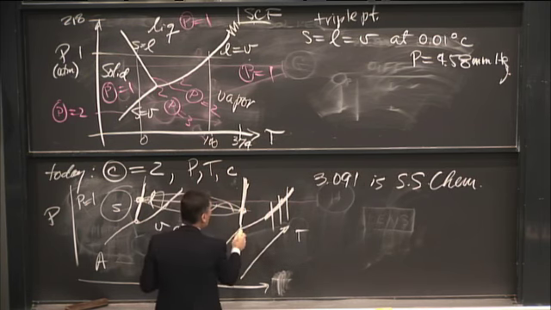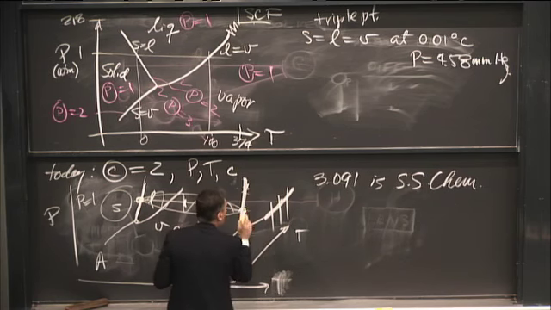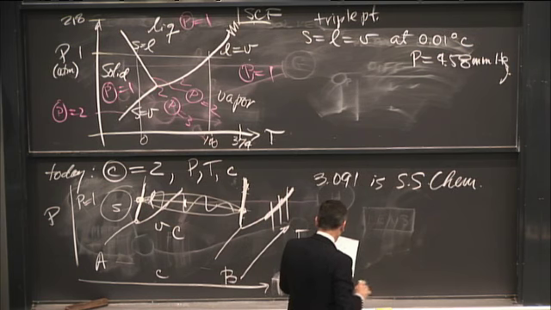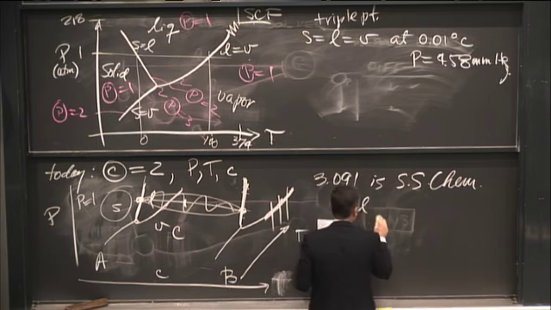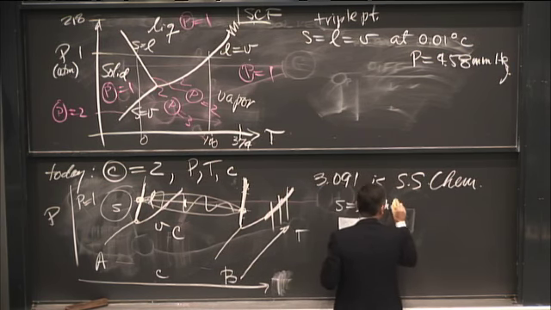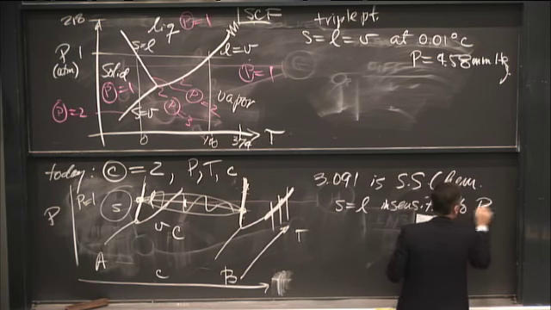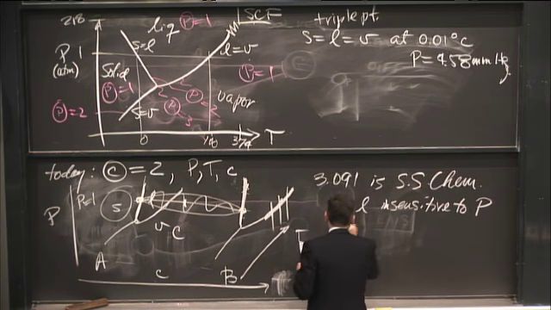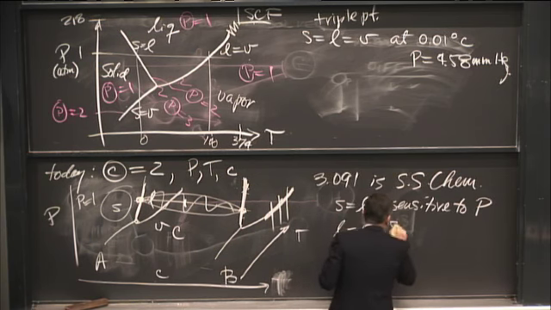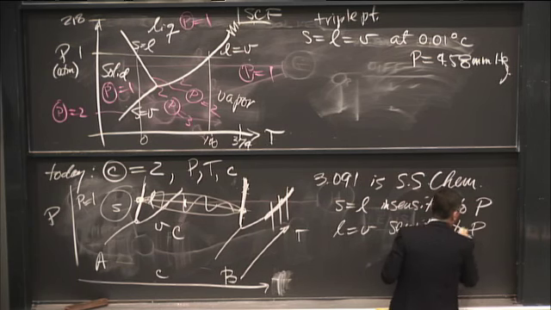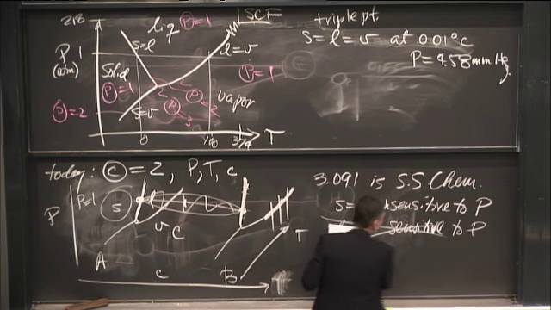And so as a result, this is almost insensitive to pressure, to first order. All right? So we can say solid equals liquid is almost insensitive to pressure, whereas liquid equals vapor is very sensitive to pressure.